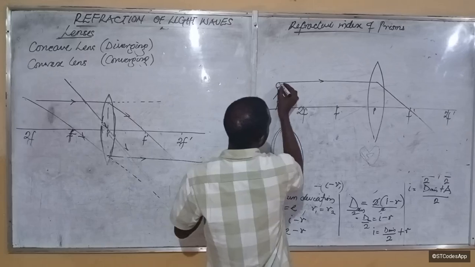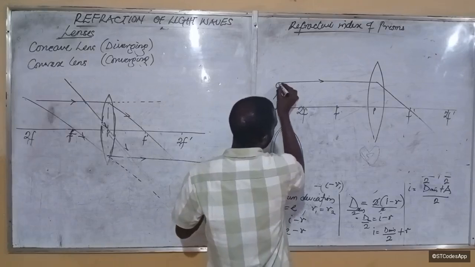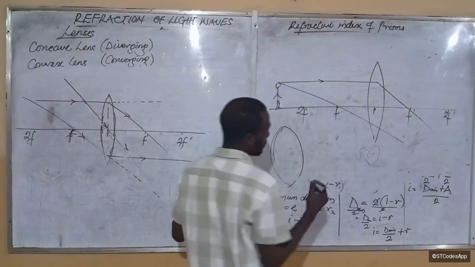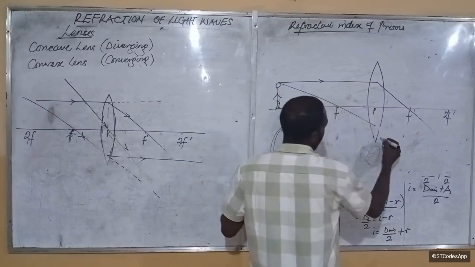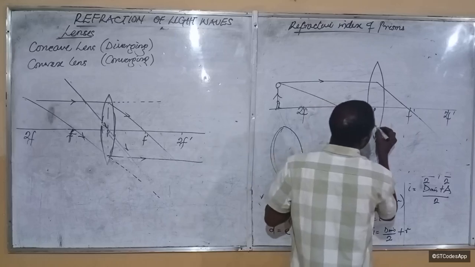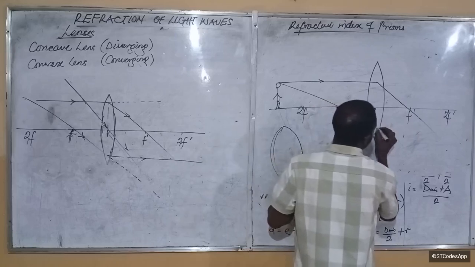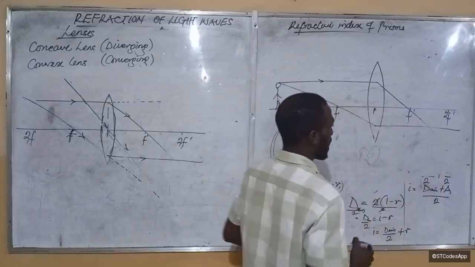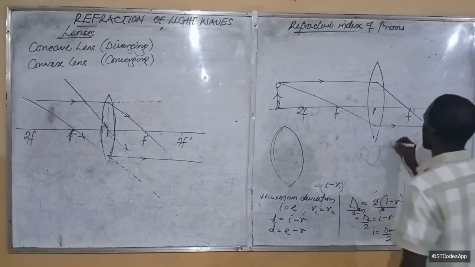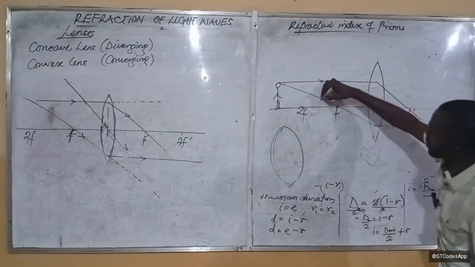If I draw my ray to pass through the focus like this, by the time it gets to the center of the lens here, what will happen? It will refract in a direction that is parallel to the principal axis. Okay? This is my second ray.